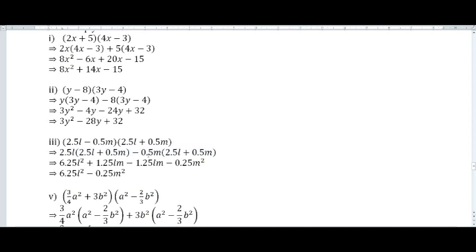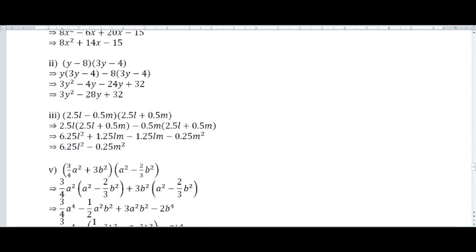All the way through, in number 3, I have done it for you because there is a decimal point. You may find it difficult to understand, but that is not a problem, because you have studied in class 6 or 7 how to multiply decimal numbers. Here we have 2.5L minus 0.5M, 2.5L plus 0.5M inside.